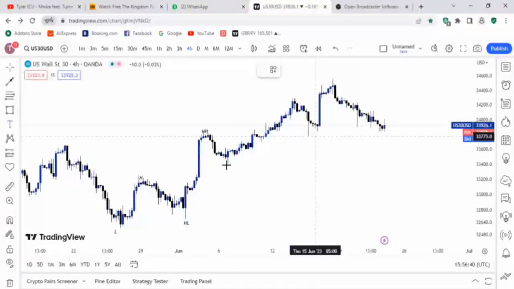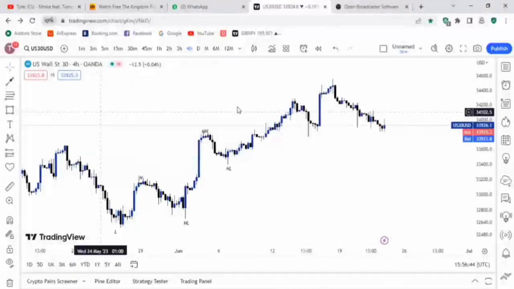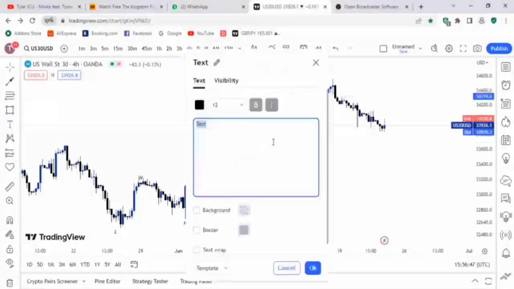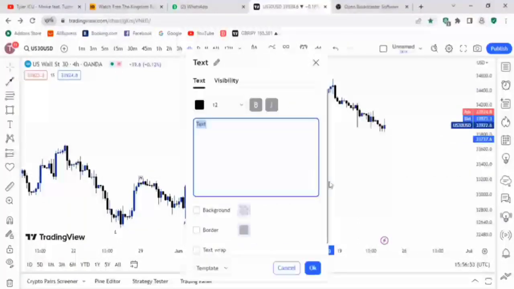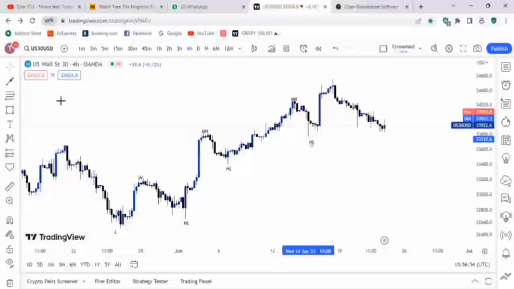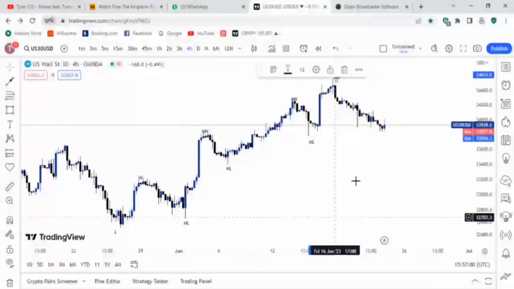This is going to be our higher low. Higher low. This is going to be our higher high. This is going to be our higher low. This is going to be our higher high. So you see, we are moving in an uptrend.